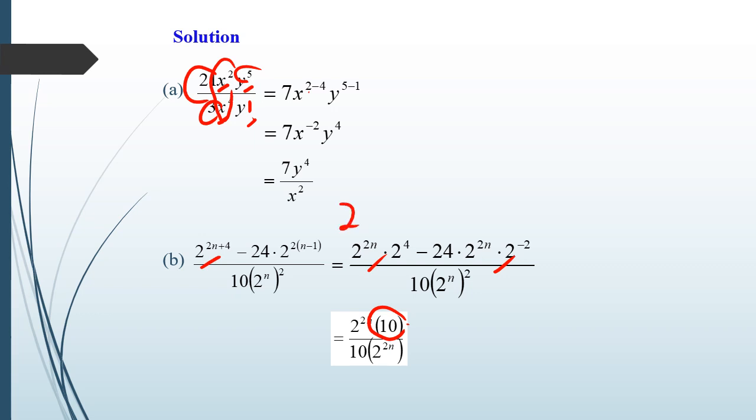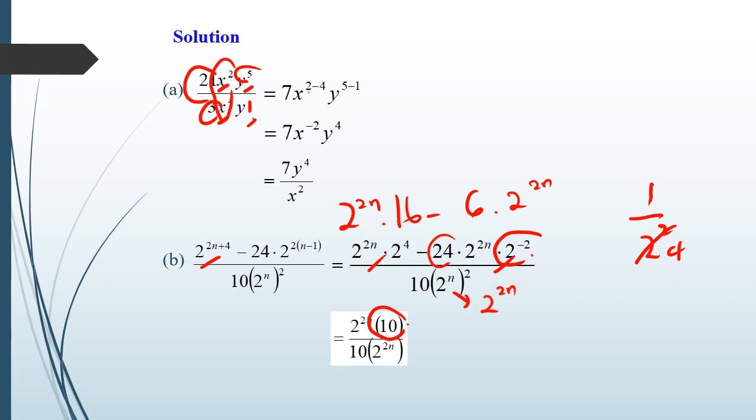We have 2 to the power of 2n, and 2 to the power of 4 is equal to 16, minus 24 times 2 to the power of negative 2, which is 1 over 2 to the power of 2. So we have 24 divided by 4 equal to 6, times 2 to the power of 2n. At the bottom we also have 2 to the power of n to the power of 2, which is equal to 2 to the power of 2n.